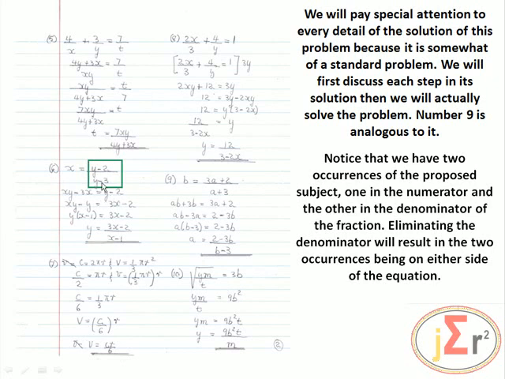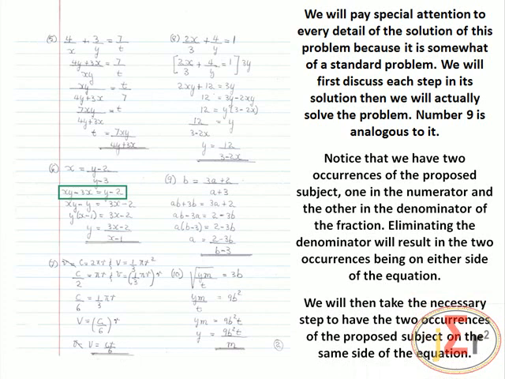So when we eliminate this denominator, we will have 2 occurrences of the proposed subject on either side of the equation. We will take the necessary steps to have the 2 occurrences of the proposed subject on the same side of the equation, right there.